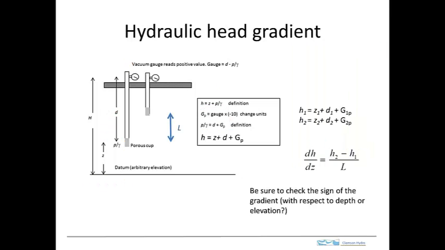Now to calculate the hydraulic head gradient, we include another tensiometer. That'll give us the hydraulic head at 2 points. And if we define a coordinate z going up, then we can have measurements at 2 points. And what we assume is that the hydraulic head is only varying in the vertical direction.